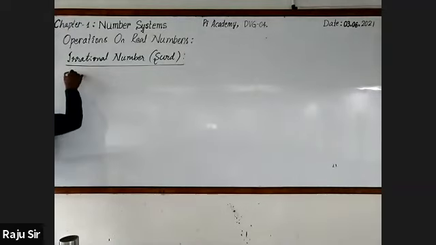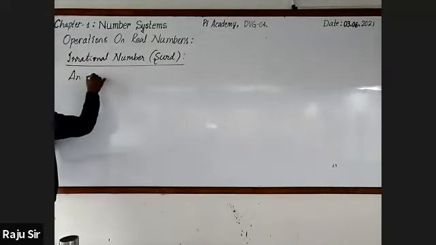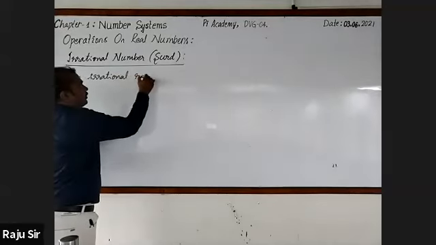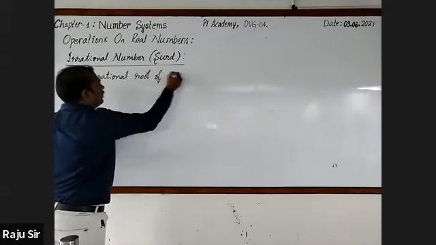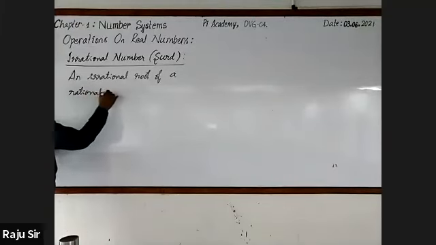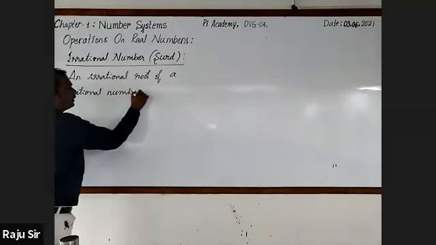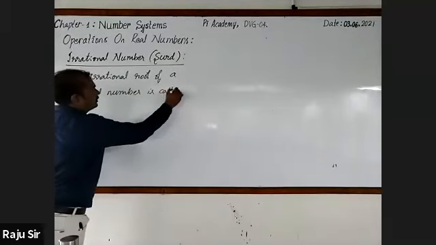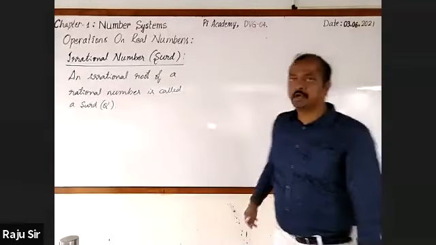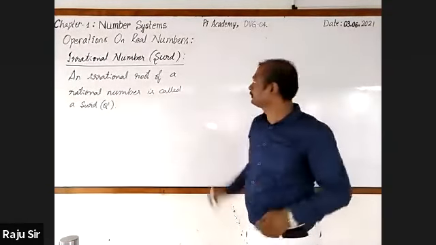Write down the definition. An irrational root of a rational number is called a surd.